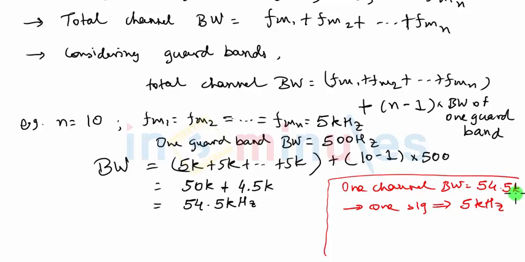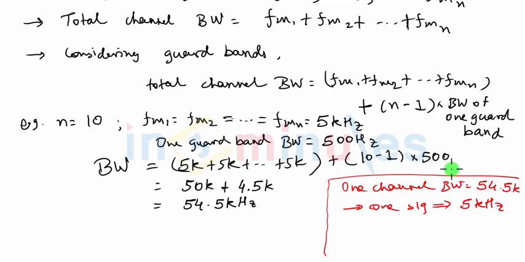Using multiplexing, I can transmit that one signal in the 5 kilohertz frequency band for sure, but I can utilize the remaining bandwidth to transmit 9 more signals, and that too with a guard band of 500 hertz between every two signals. Please do not assume that frequency division multiplexing will require less bandwidth for transmission.